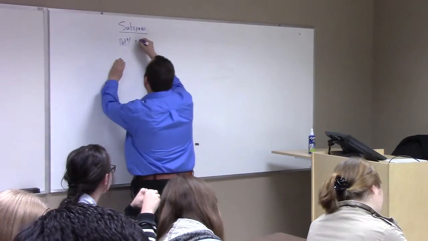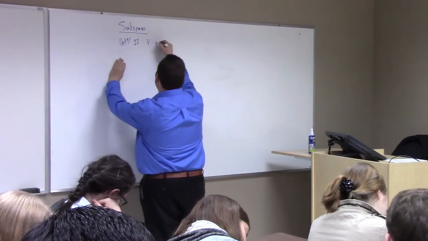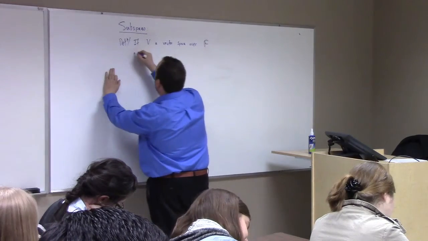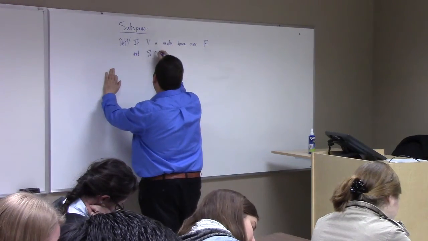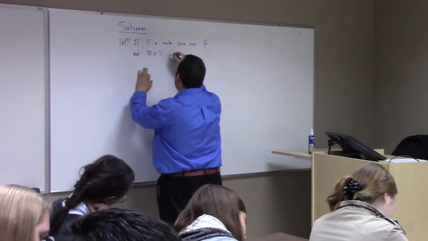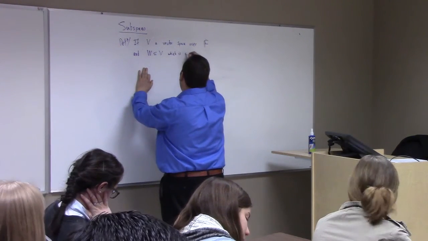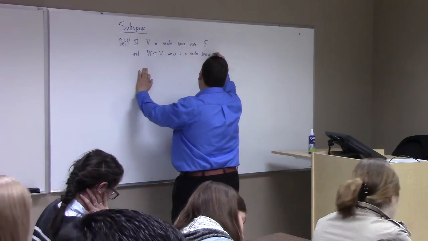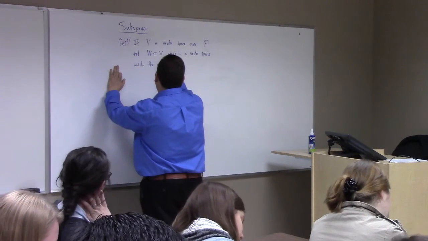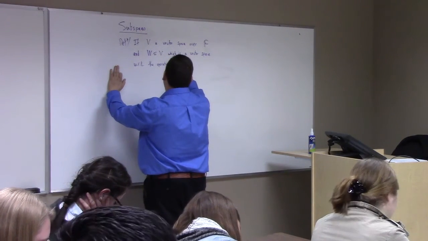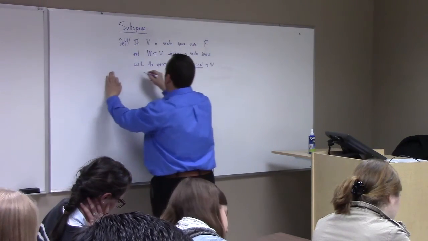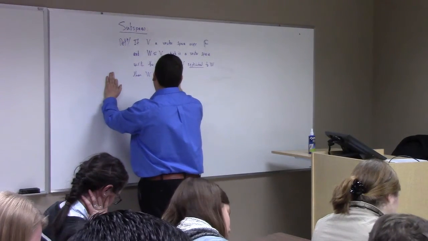Definition, a subspace. If V is a vector space over a field F, and if W is a subset of V which is a vector space with respect to the operations of V restricted to W, then W is a subspace.